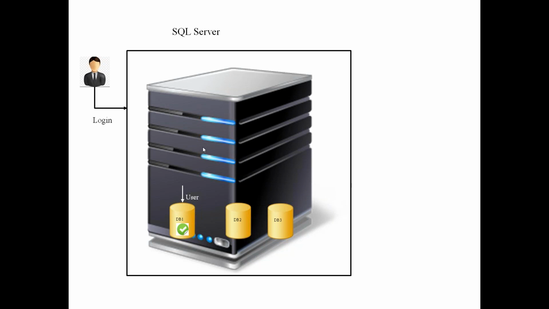And on DB2, the person, John, doesn't have a user inside DB2. So in that case, John cannot access the DB2 database. And after John has a user mapped to this database, then he does have access to this database.